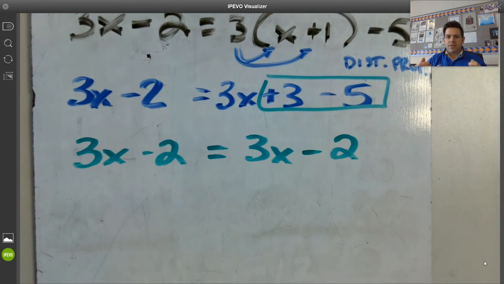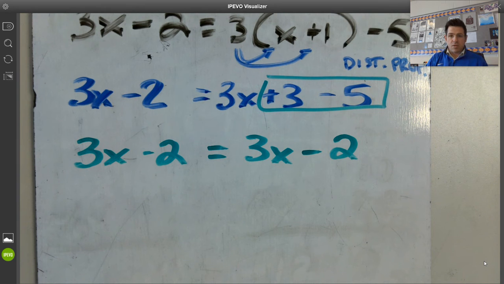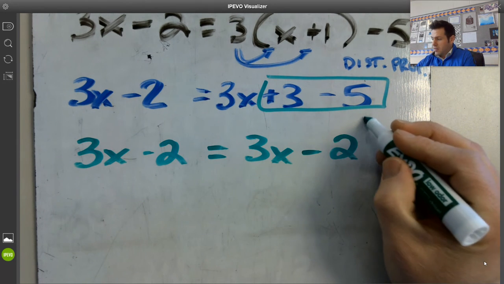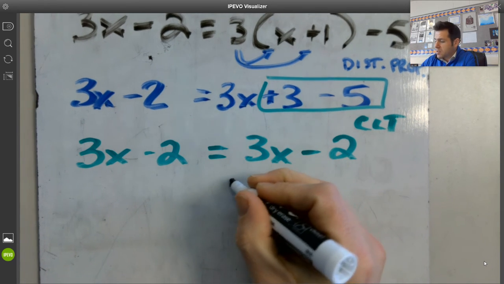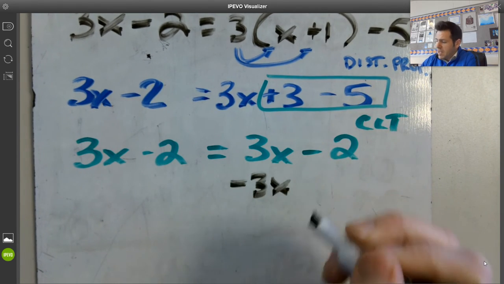Now at this spot, I know sometimes when we do these problems, we just move along and do them as quickly as possible. But we have 3x minus 2 on the left. We have 3x minus 2 on the right. It's the same exact thing. And even if I try to get the variables all on one side, which I usually do, I just like doing the variables first as opposed to the constants. That's a positive 3x.